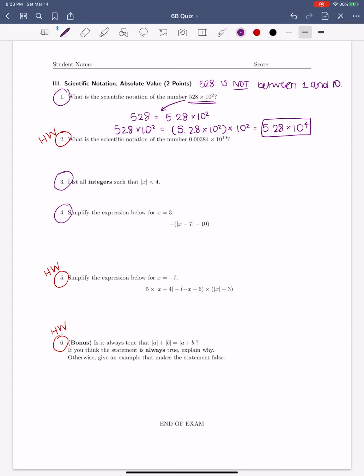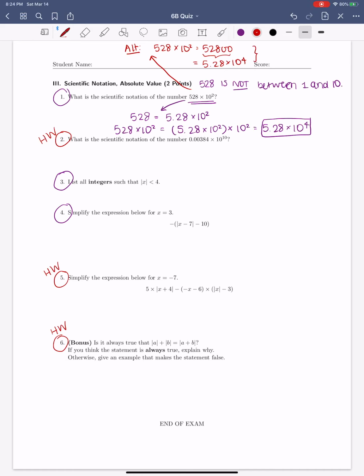Some of you might be thinking, a second way to do this question, an alternate solution, is I can just rewrite 528 times 10 squared as 52800, and then put this whole number in scientific notation. So this now becomes 5.28 times 10 to the 4.